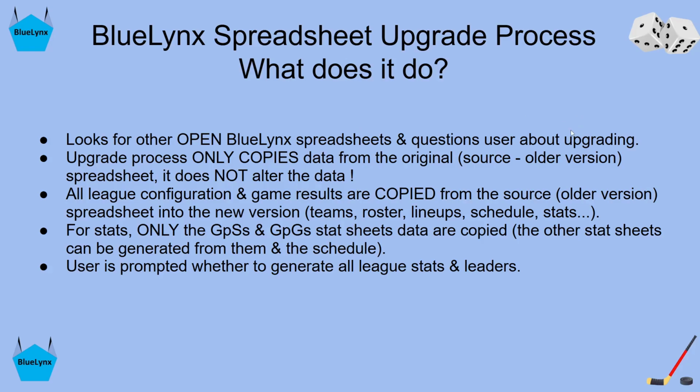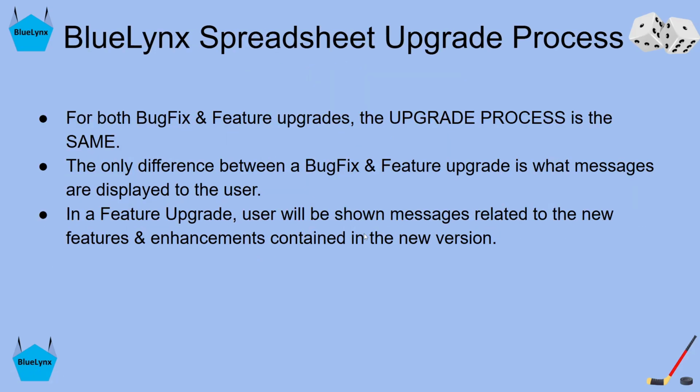So in general, that's what the upgrade process is doing when you click the button and it's doing Excel backflips on your screen. Okay, this slide covers the upgrade process and a couple other finer points. For either type of upgrade, bug fix or feature, the upgrade process is the same as far as the engine goes.